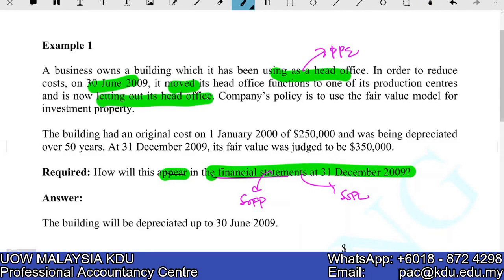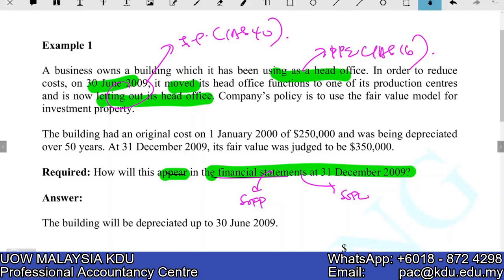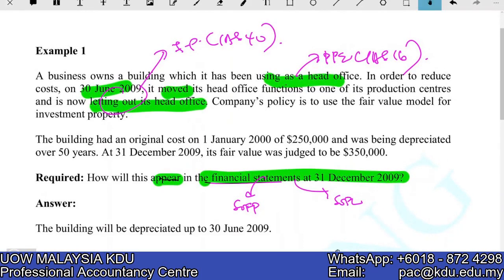At first, I use it as head office, so PPE. Now, I'm going to rent out my head office. Meaning, what is it classified as now? Investment property, IAS 40. Just now, PPE, IAS 16. Okay? So, meaning, I'm changing from PPE to investment property. At what date? As at 30th June 09.